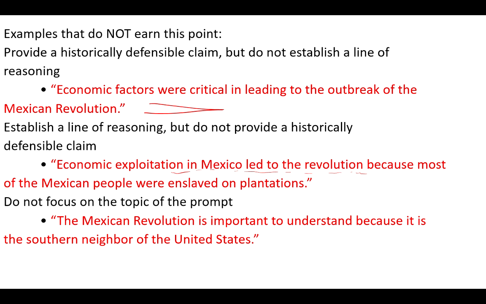It didn't focus on economics causing the revolution. And this one, it doesn't take a side. It doesn't say the extent of how economics led to the revolution.